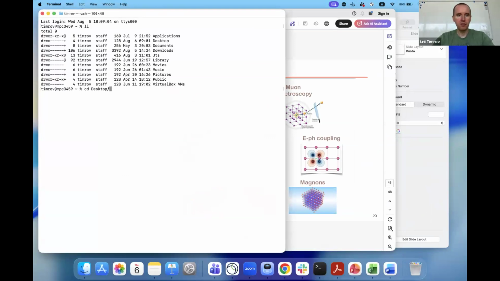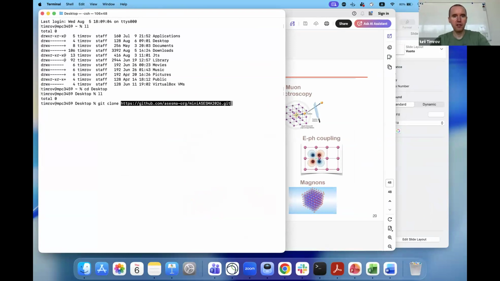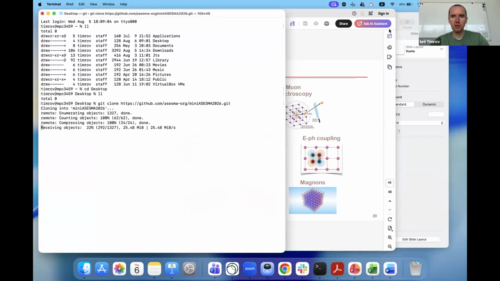I go to desktop, and then you type git clone and insert the link to the material. Then you press enter. It downloads the folder locally.